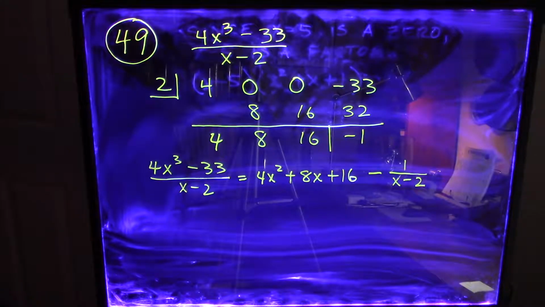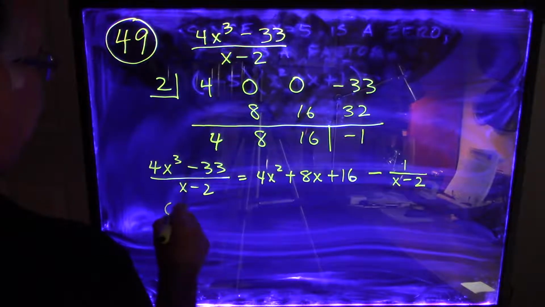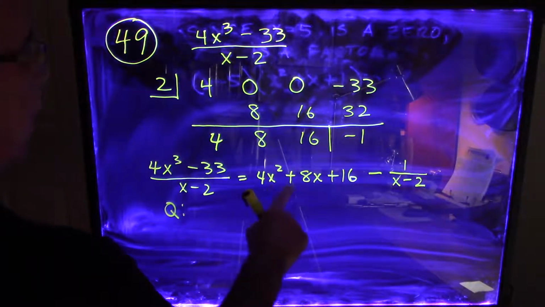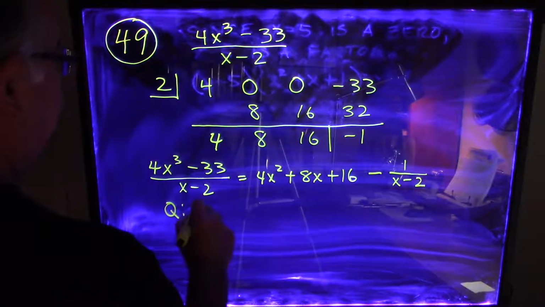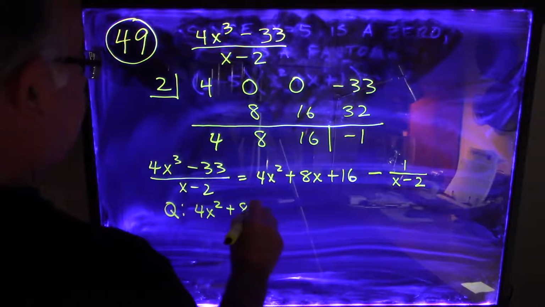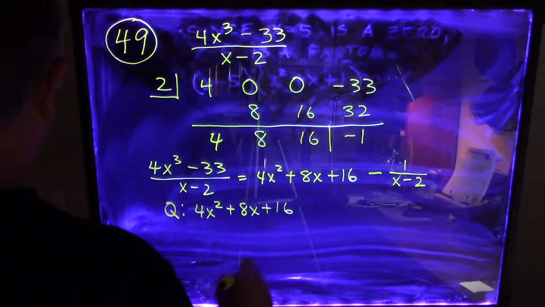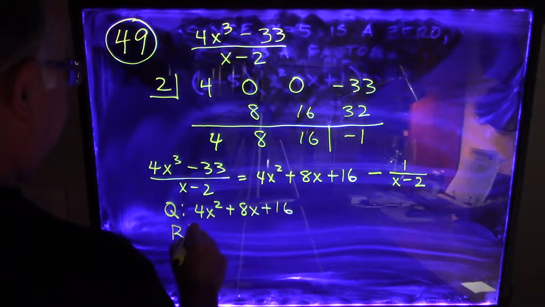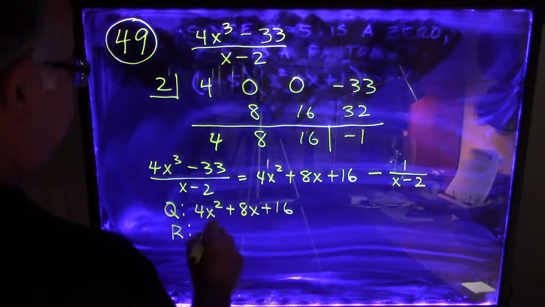So that's the problem fully written out. The quotient I'll write as q. The quotient would be the 4x squared plus 8x plus 16. And the remainder, I'll write r, is negative 1.